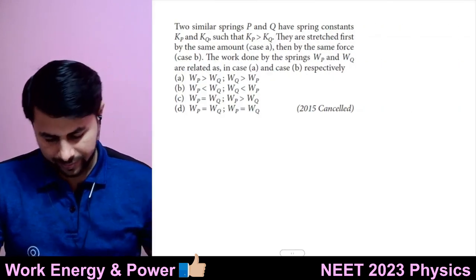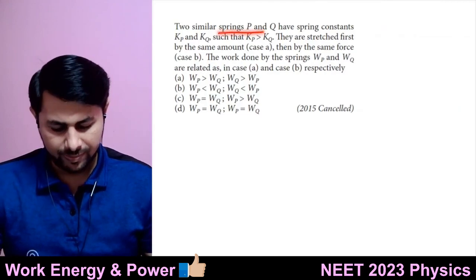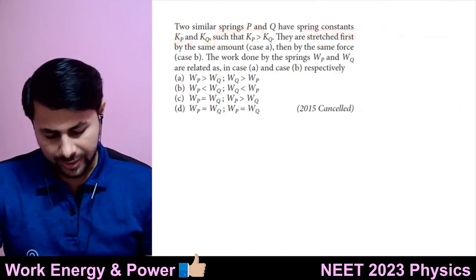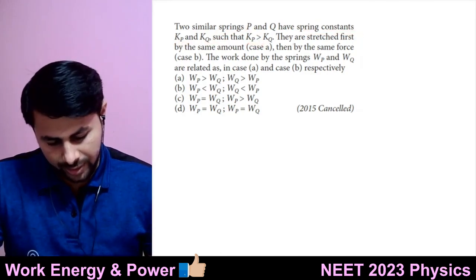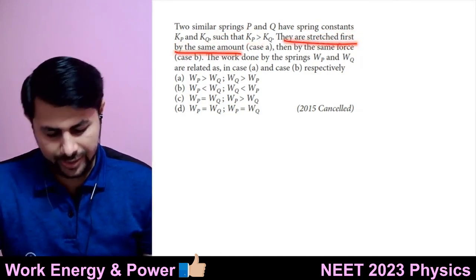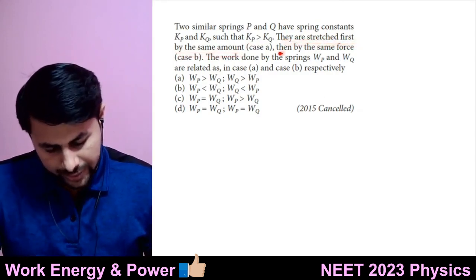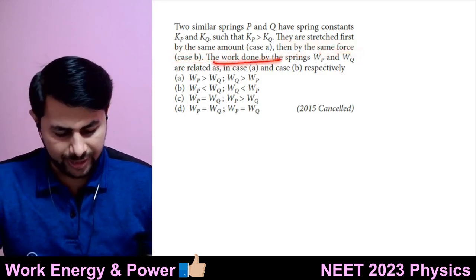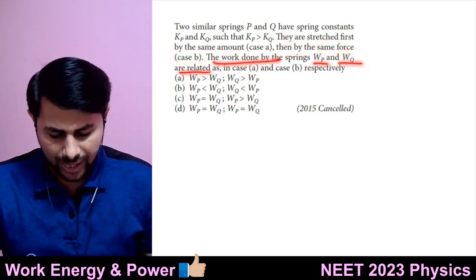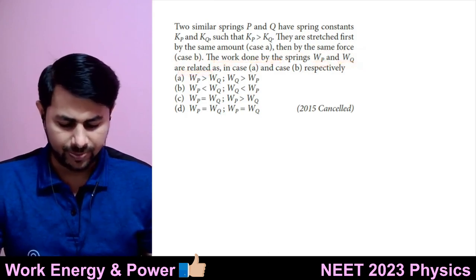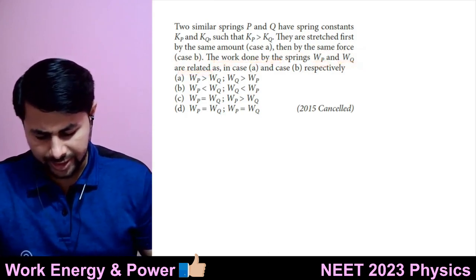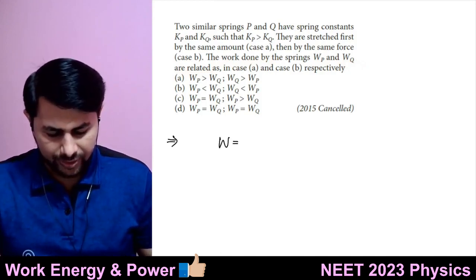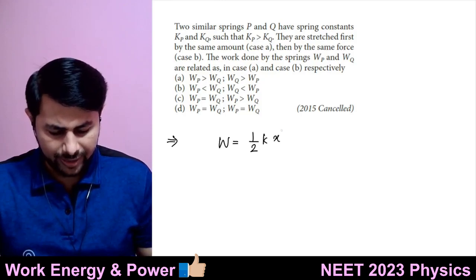So next question. Two similar springs P and Q have spring constants Kp and Kq such that Kp is greater than Kq. They are stretched first by the same amount, then by the same force, case B. The work done by the springs Wp and Wq are related as in case A and case B respectively. When they are stretched by the same amount, work done is half of k multiplied by x square.